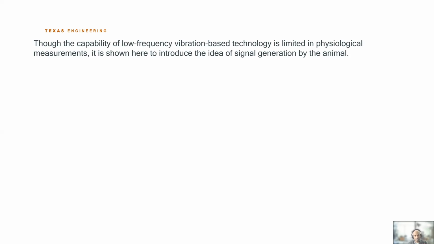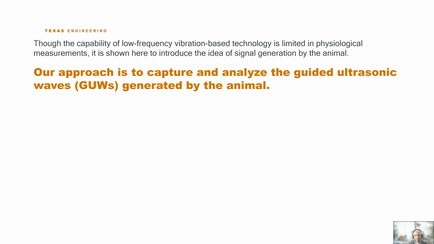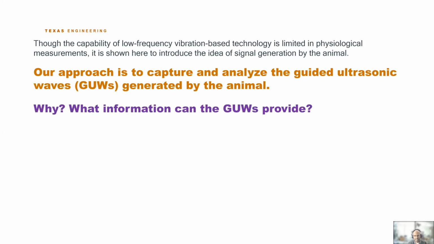Whatever you saw a little while ago, you can already see that with low frequency vibration, you have a limit on what you can and cannot measure. Basically, you can measure something which is cyclic, and when the animal is not moving. But with my approach, with the information in the guided waves, I would be able to actually measure physiological parameters of a freely moving mouse.